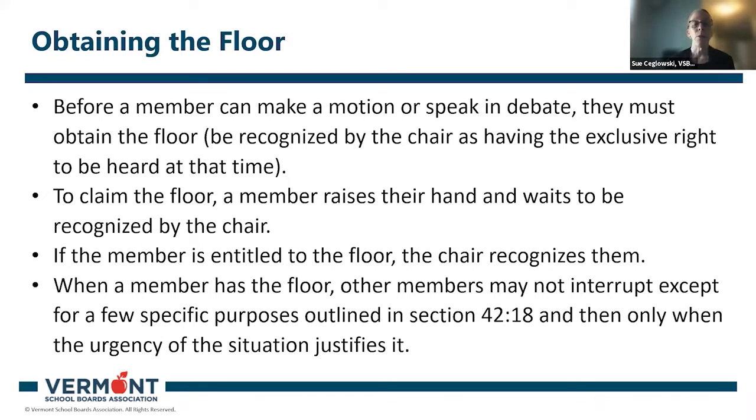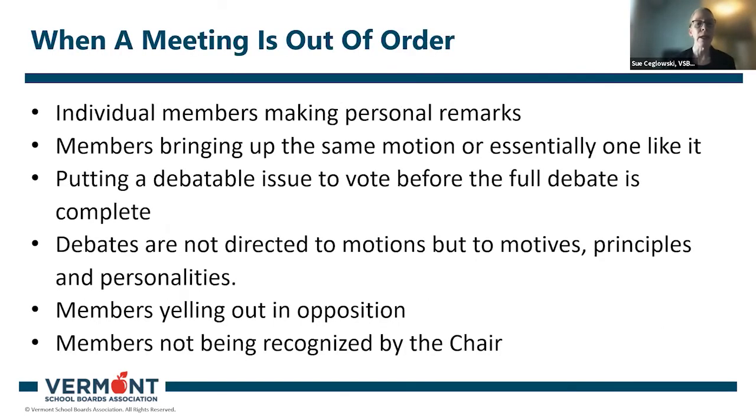And when someone has the floor, other members may not interrupt except for a very few specific purposes, and only then if it is sufficiently urgent to be justified. That is covered in the rules in section 3 and section 42.